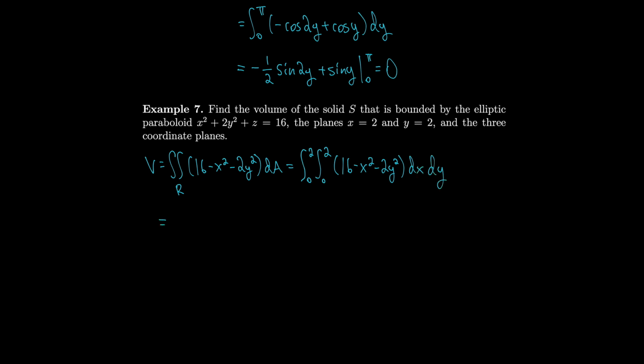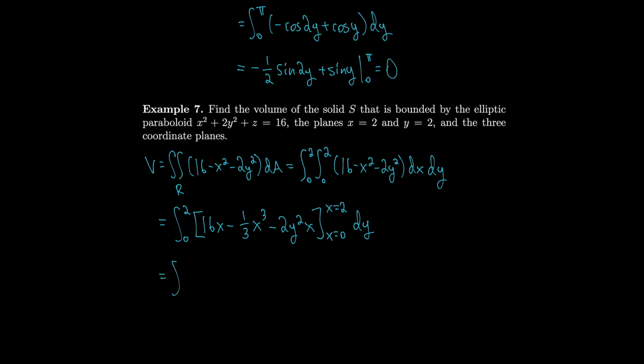So it looks like I should have the integral from 0 to 2 of 16x minus 1/3 x cubed minus 2y squared x by integrating with respect to x, where y is held constant, and I'll evaluate from x equals 0 to x equals 2.